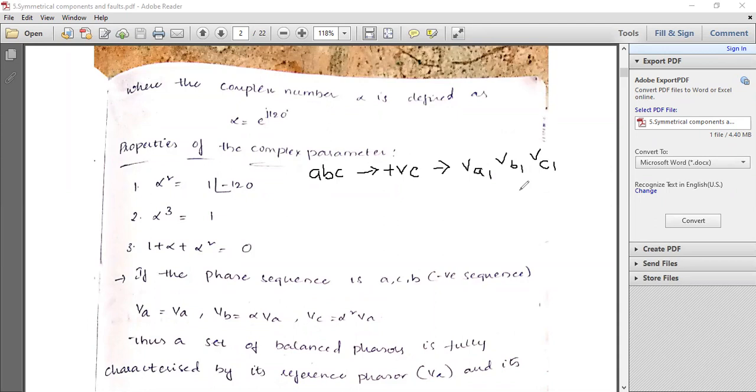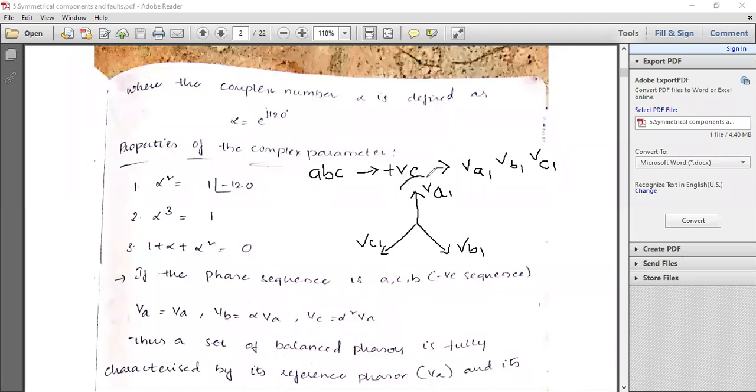Suffix 1 indicates that it is a positive sequence component. Please try to remember that now we are expressing balanced phasors with the use of symmetrical components. So this is VA1, this is VB1, and this is VC1.